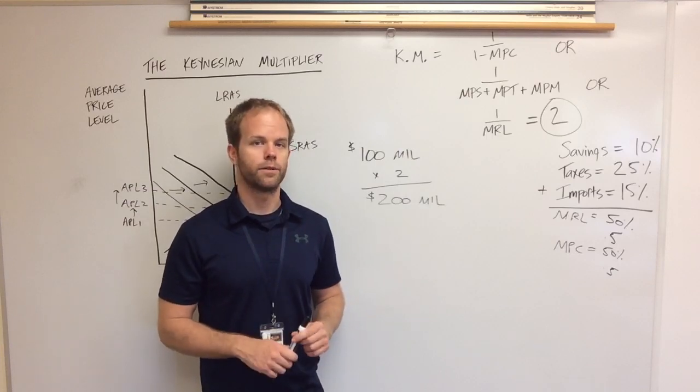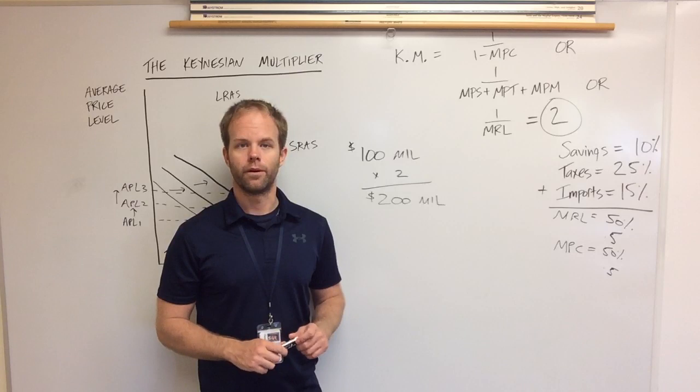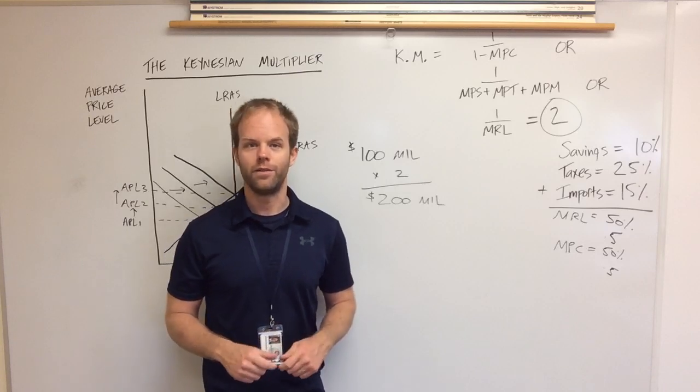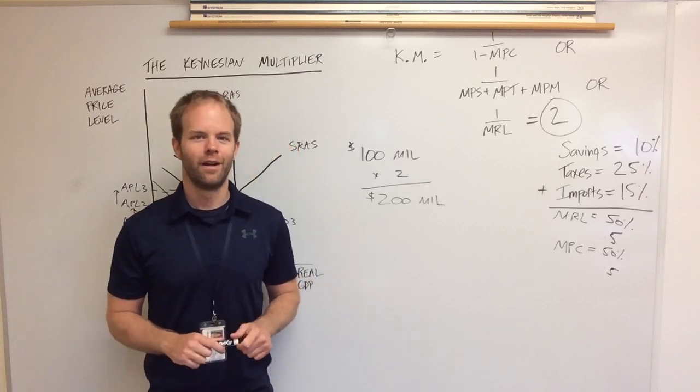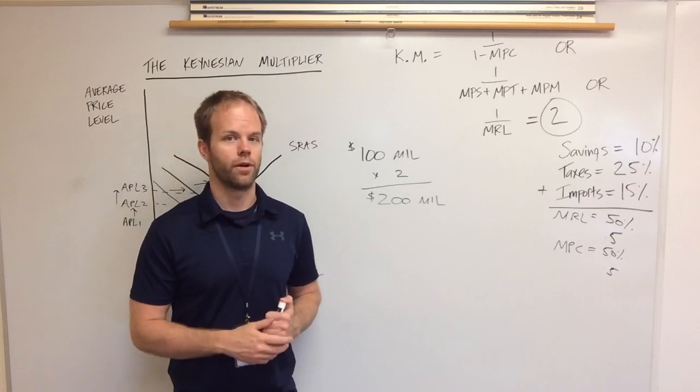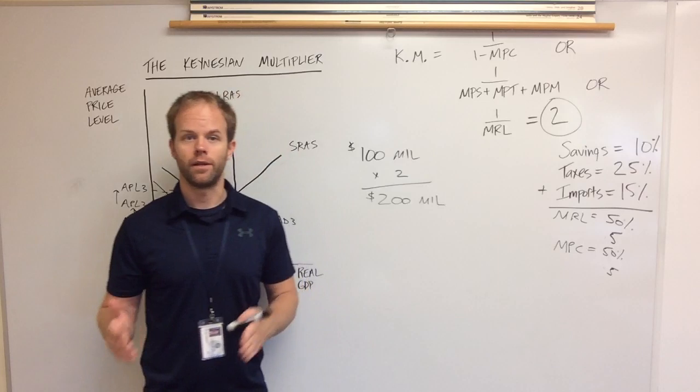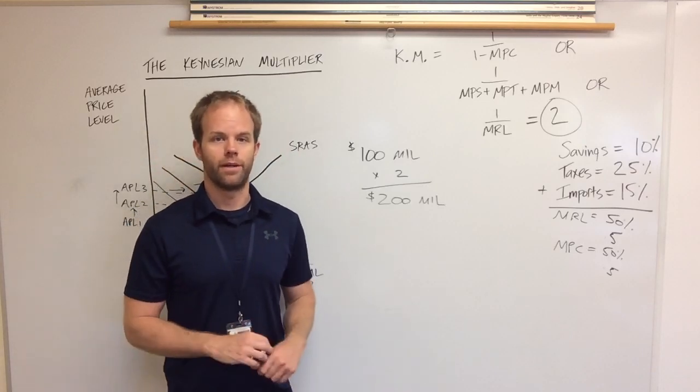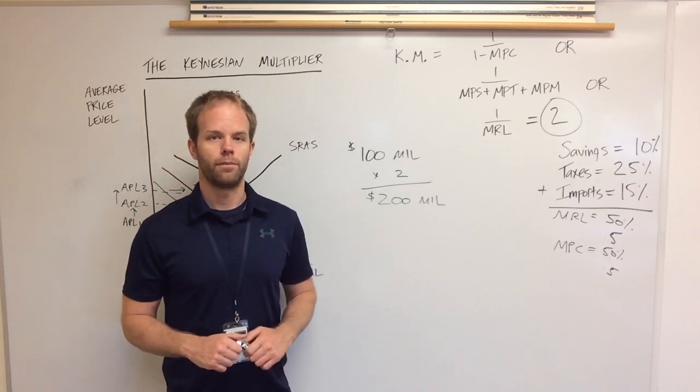So the Keynesian multiplier is a pretty important thing. We've had lots of Keynesian thinking going on in the last year. As a result of the pandemic, governments have been doing lots of things to try to stimulate spending back to where it was prior to the pandemic. So it's a pretty important thing to know.